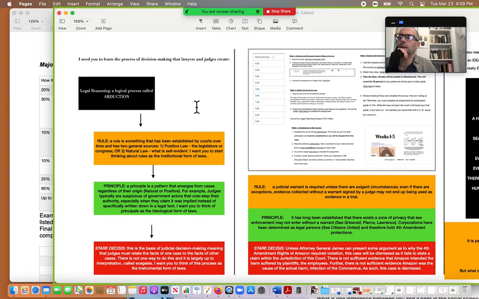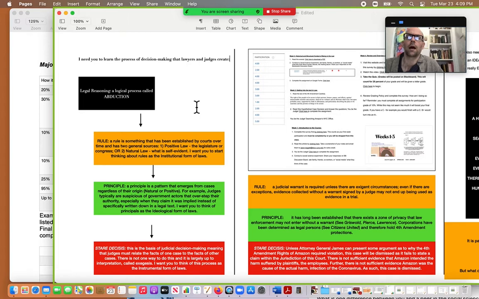That's something you want to keep in mind as we move forward. The other idea you want to keep in mind is this general concept related to where you get your sources of laws.